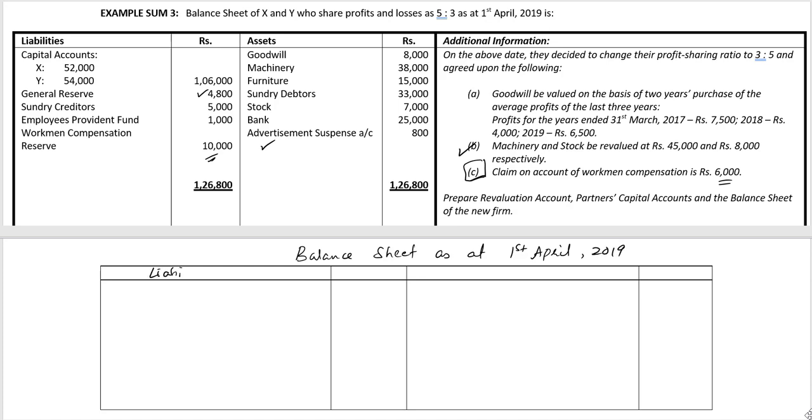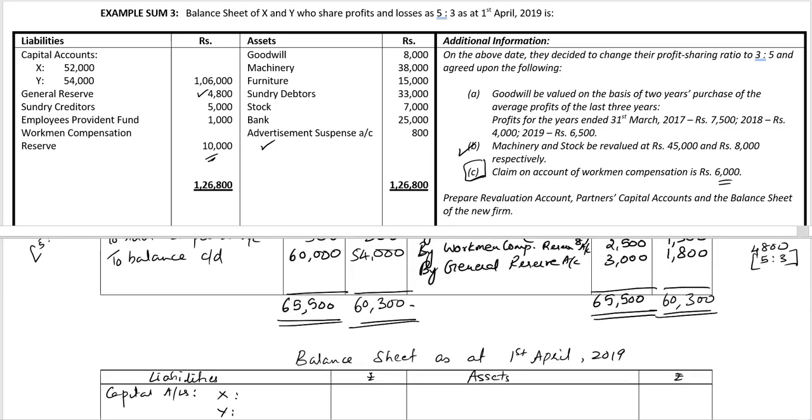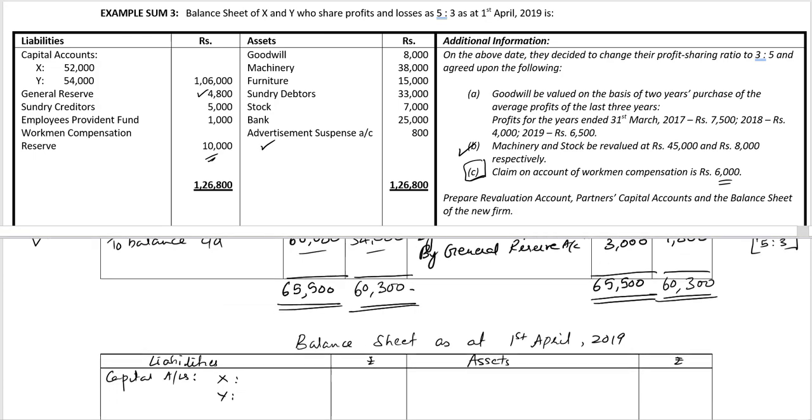Liabilities rupees, assets rupees. We'll begin with the capital accounts. As per the answers for the capital accounts, we have balance carried down 60,000 for X and 54,000 for Y. So let's enter that.